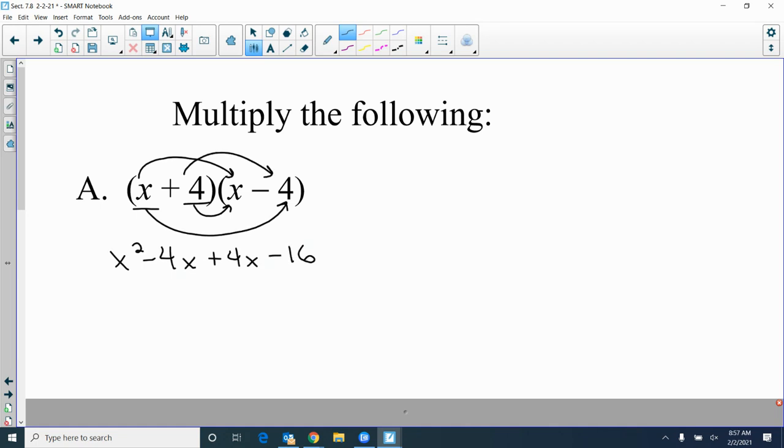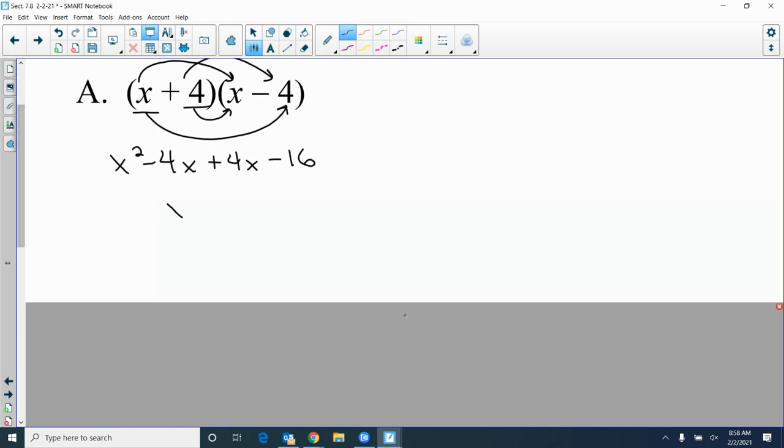And 4 times negative 4 is negative 16. This is the one case where those two middle terms add up to 0. The plus 4x and negative 4x will cancel out, and then the only thing you got is x squared minus 16. That's the only thing you're going to have.